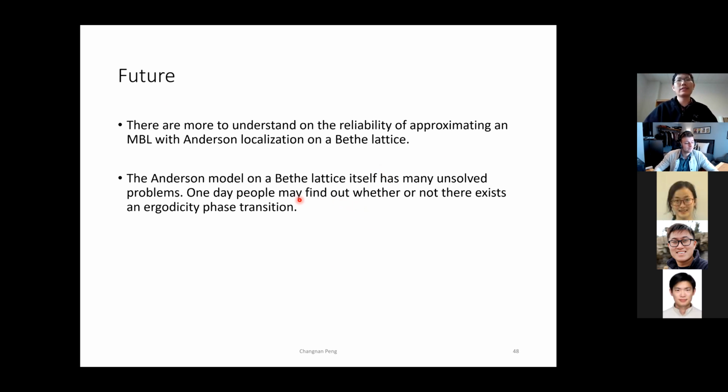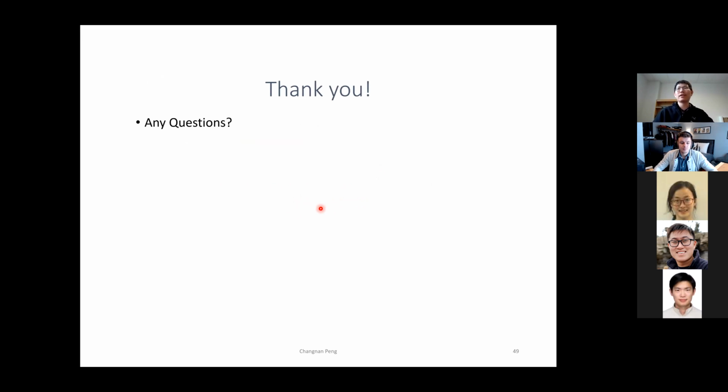And second is to understand what happens in this Anderson model on the Bethe lattice. It itself is a very interesting question. Whether this ergodicity phase transition appears or not, I don't think people have a final conclusion to that. So thank you. That's all for my talk today.